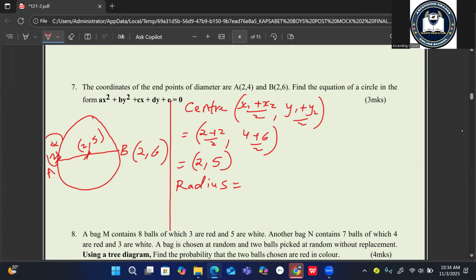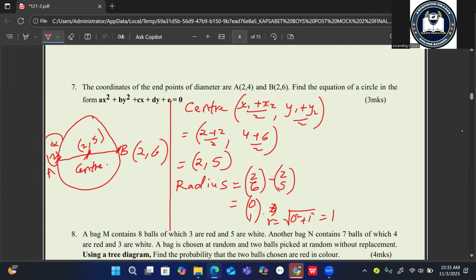So we have to find the magnitude of B minus the center. It will be (2, 6) minus (2, 5), which gives us (0, 1). So the radius becomes the square root of 0 squared plus 1 squared, which is just 1.